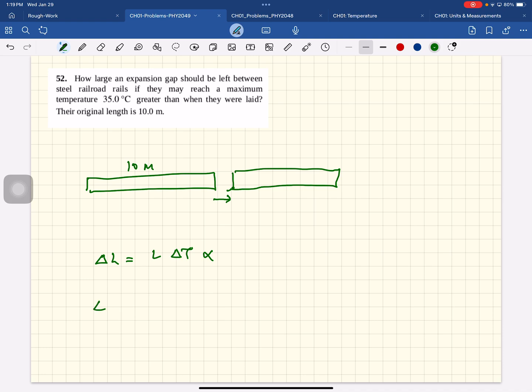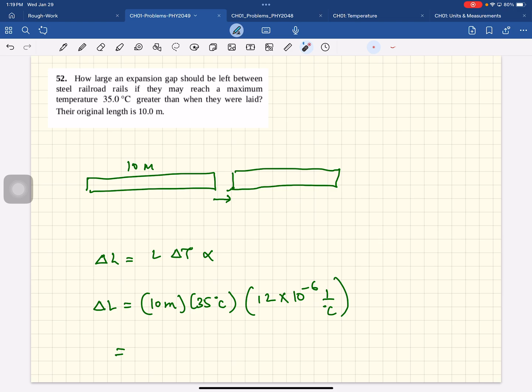So the increase in length for each rail would be 10 meters, 35 degrees Celsius, and 12 times 10 to the minus 6 per degree Celsius.